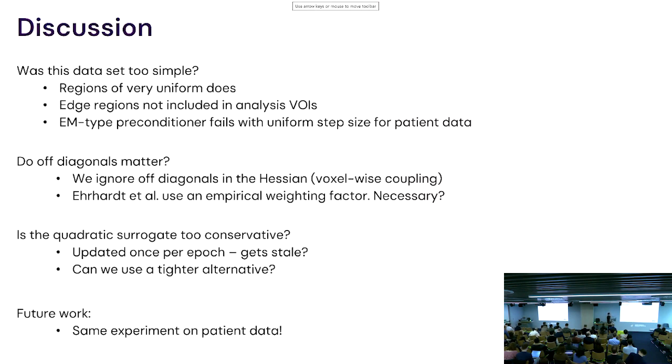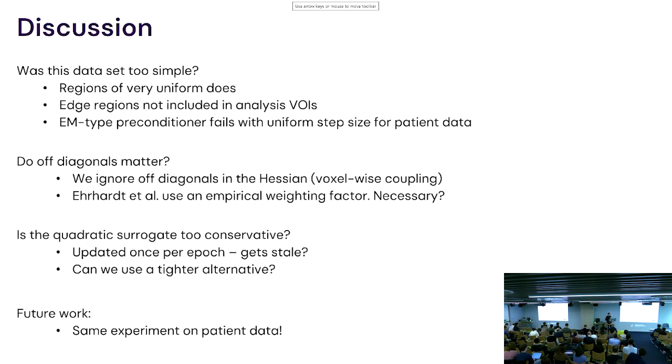And thirdly, what inspired me to start looking at this is that trying to use the EM-type preconditioner for reconstructions with patient data was very, very difficult. So I had to have a very small initial step size with lots of relaxation. So I think probably this whole experiment was using too simple data.